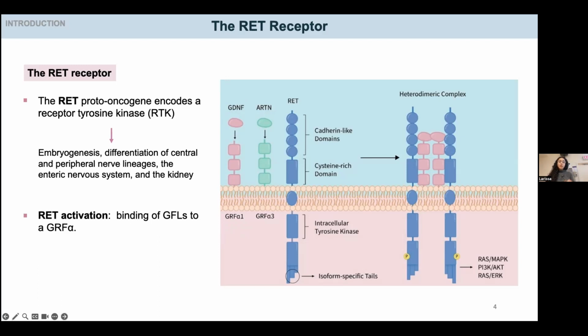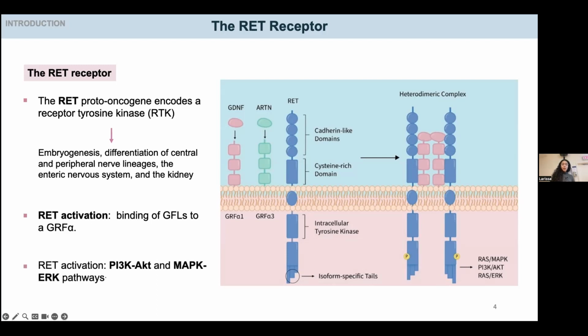of ligands to the co-receptors will result in the creation of the GFR alpha RET complex, facilitating the autophosphorylation of intracellular tyrosine residues. And after that, RET will be recruited to the lipid rafts for further signaling and also internalization, both of which are critical for the activation and regulation of RET signaling pathways.